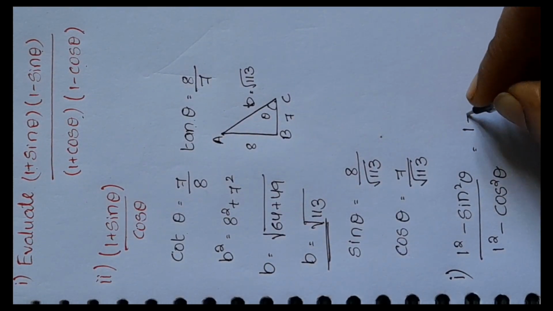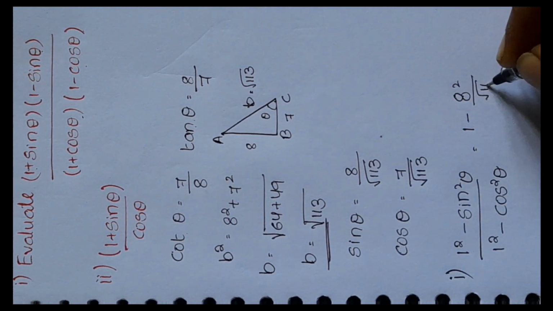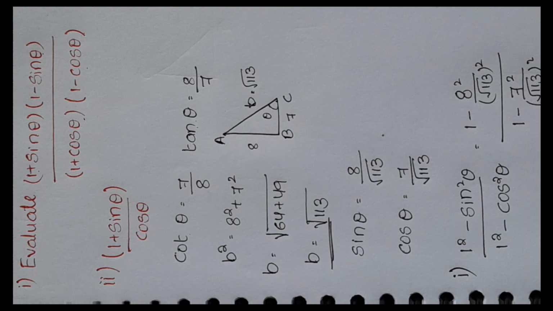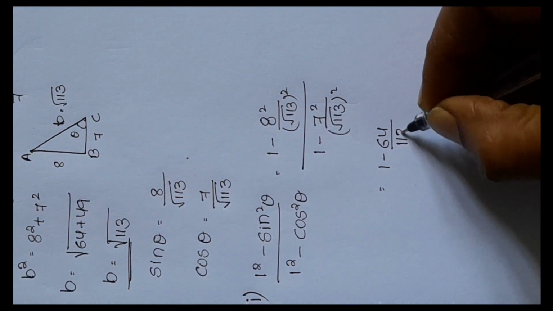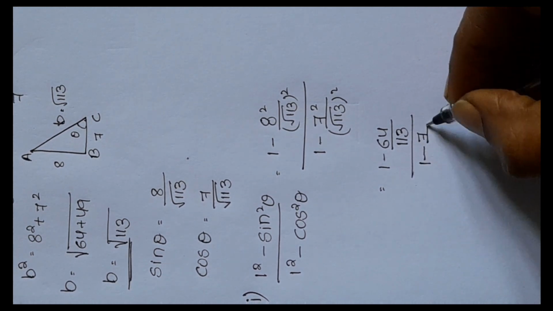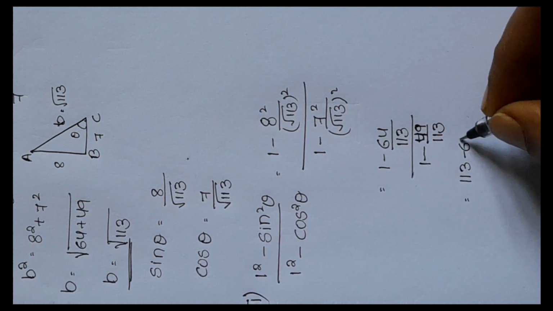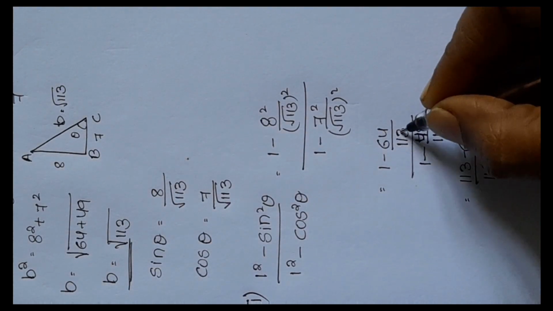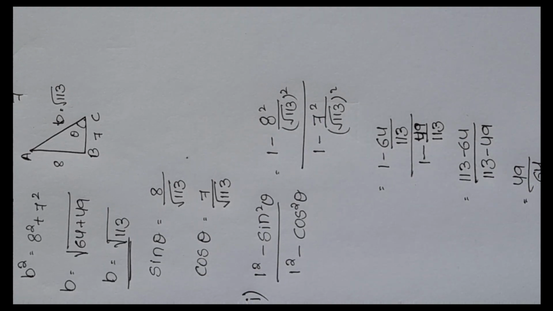Substitute the values now. 1 minus 8 square by root 113 whole square by 1 minus 7 square by root 113 whole square, which is equal to 1 minus 64 by 113 by 1 minus 49 by 113. 113 minus 64 by 113 minus 49. Here the denominators 113 get cancelled. The answer we get is 49 by 64 for the first one.